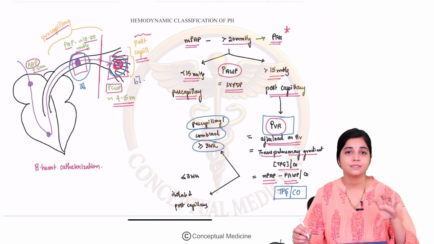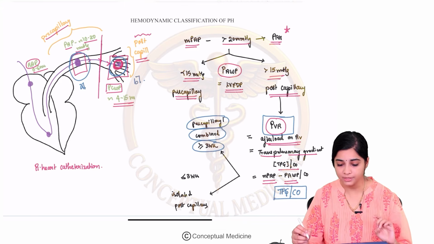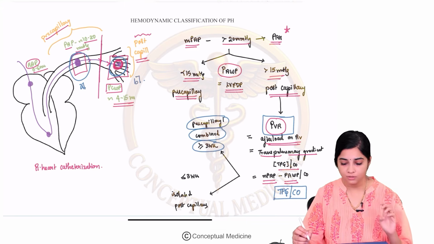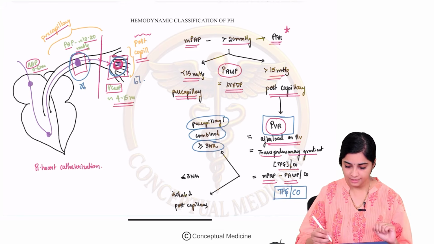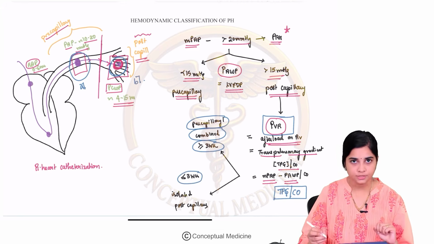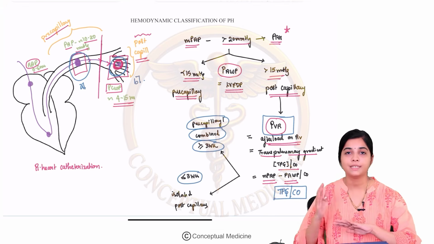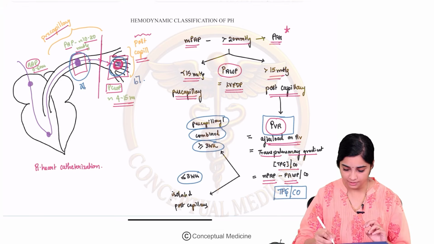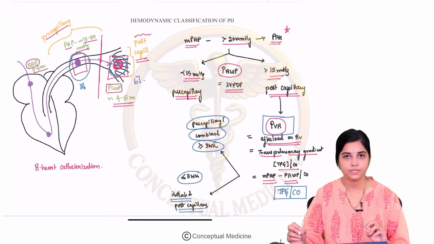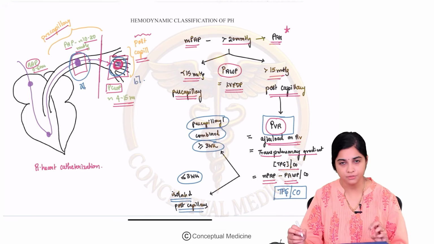Okay, so if the resistance is more than 3 Wood units, then this is a combined pulmonary hypertension. If it is less than 3 Wood units, if the resistance is low, then it is an isolated post-capillary pulmonary hypertension only.